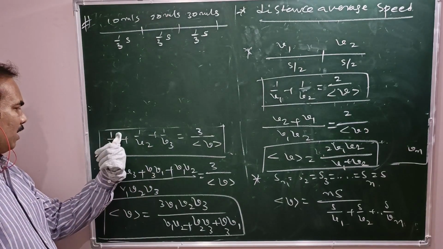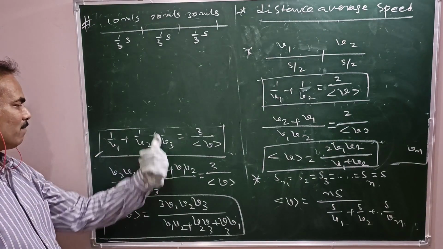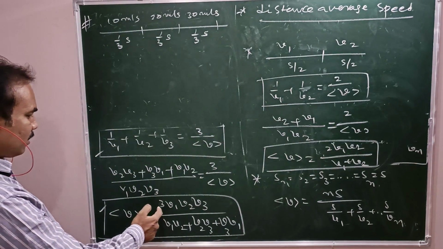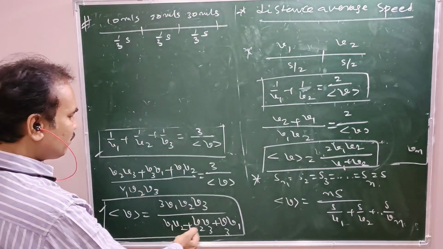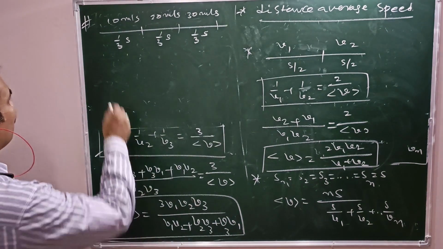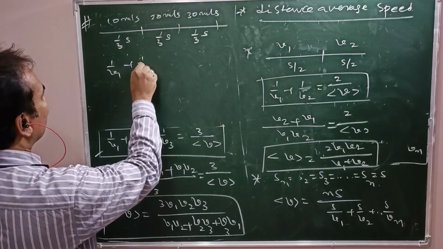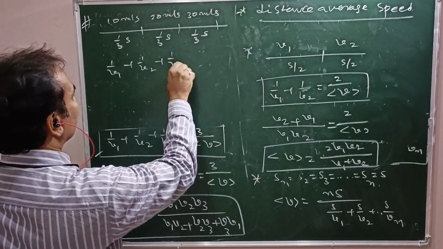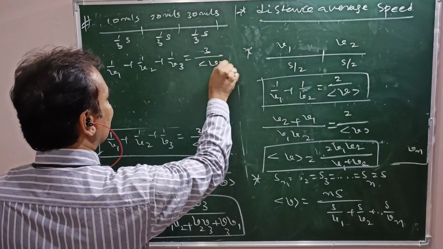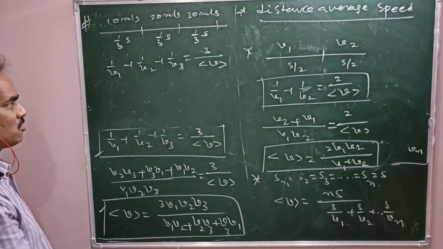That is 1 by v1 plus 1 by v2 plus 1 by v3 equal to 3 by v average. Otherwise, 3 v1 v2 v3 by v1 v2 plus v2 v3 plus v3 v1. You can take this formula also.